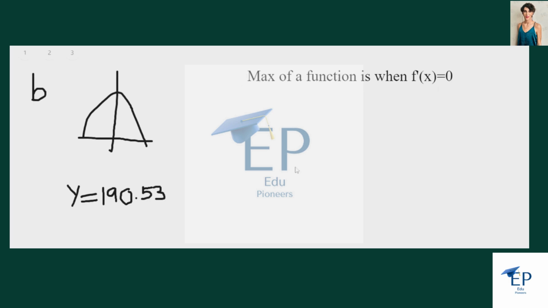To do this, we are going to find the derivative. So for the max of a function, we are going to set f prime of x equal to 0 and solve. And that's going to give us the x value that will help us find our y value for the max of the function.